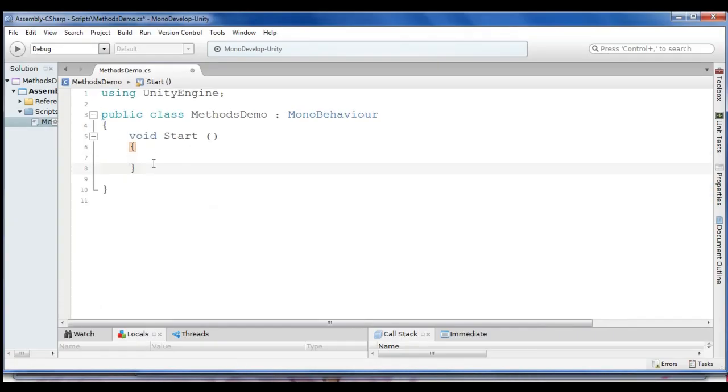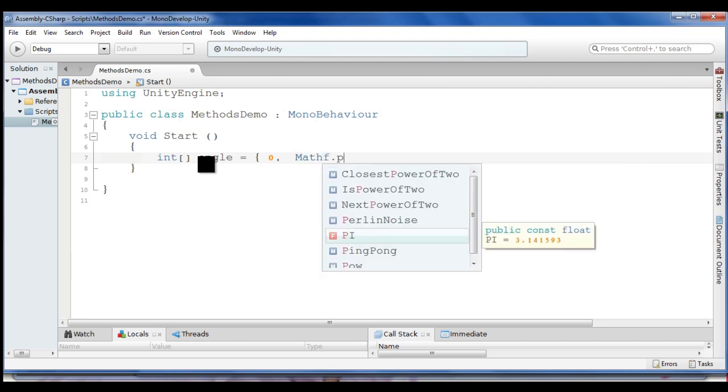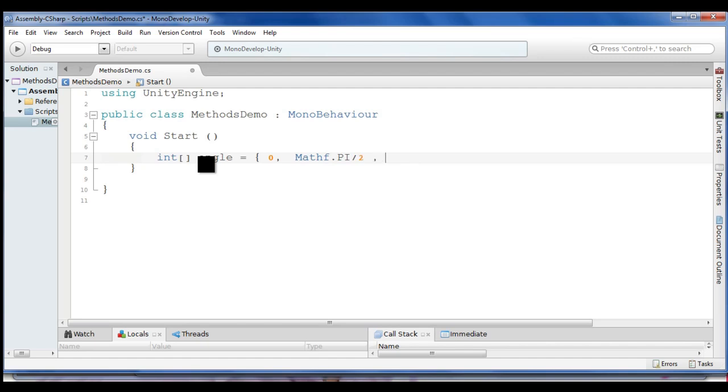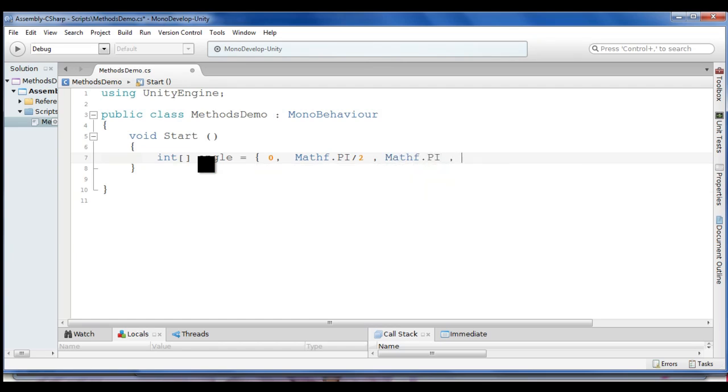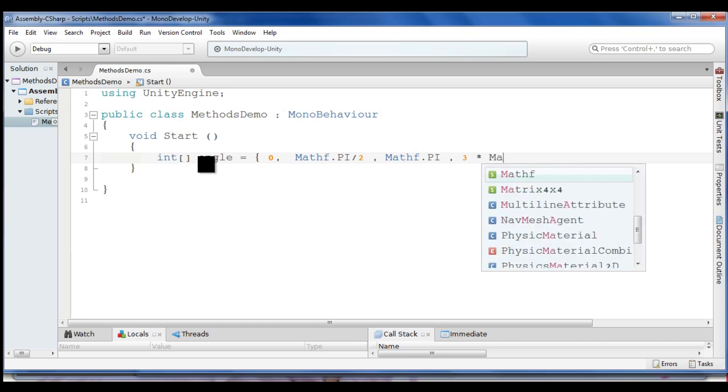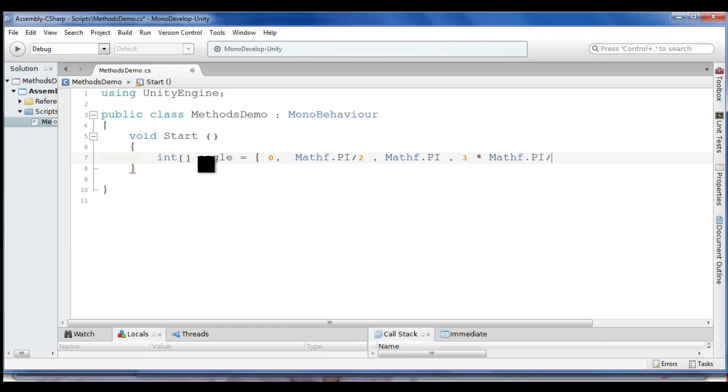So first we create an array called x, or angle you can say, is equal to, we can start storing the values. 0 is the first angle, the next angle will be Mathf.PI by 2, comma, next it will be Mathf.PI, and the next angle will be 3 Mathf.PI by 2, then the next one is Mathf.PI multiplied by 2, or I can simply say here 2 pi.